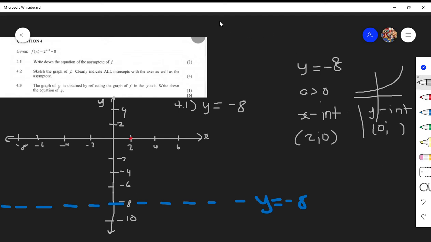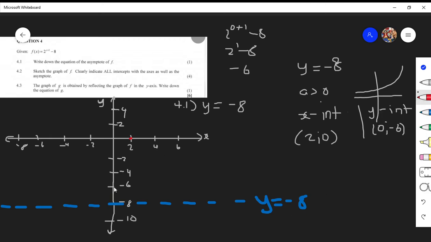So to get our y-intercept, we're going to substitute 0 into x, which will be 2 to the power 0 plus 1 minus 8, which is then 2 to the power 1 minus 8. And we know that 2 minus 8 is actually negative 6. So our y-intercept is going to be 0 and negative 6, which is this point over here.